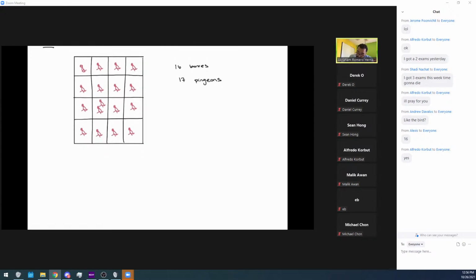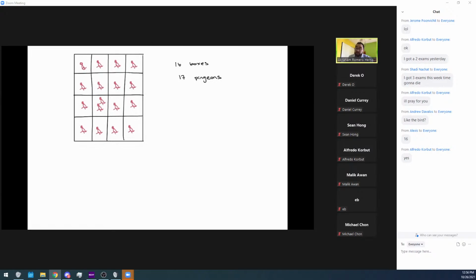That's the basic idea of the pigeonhole principle, but I'll write it out.